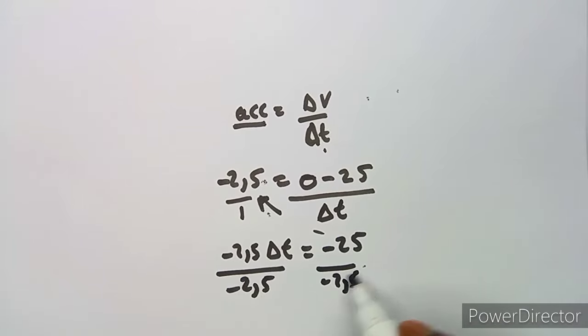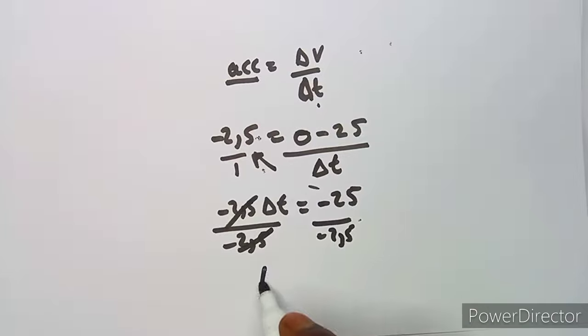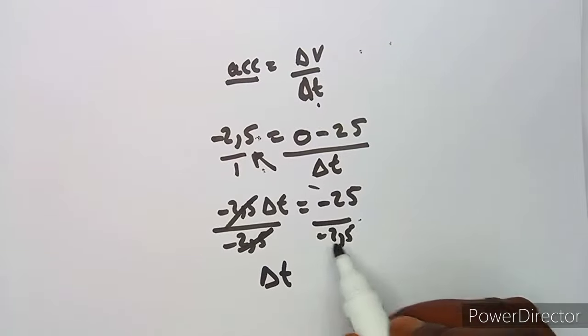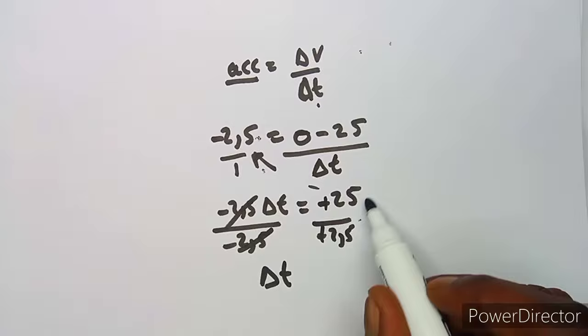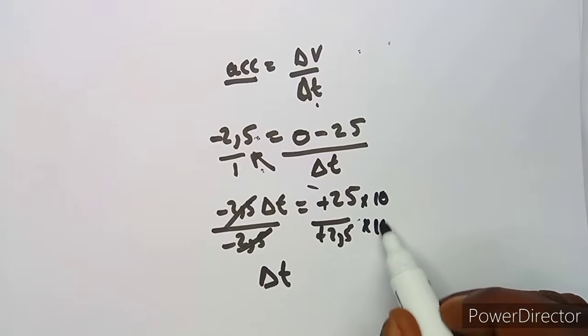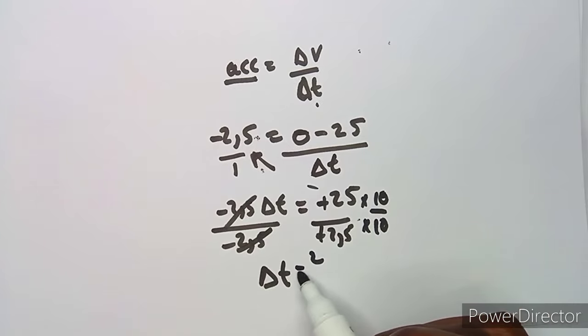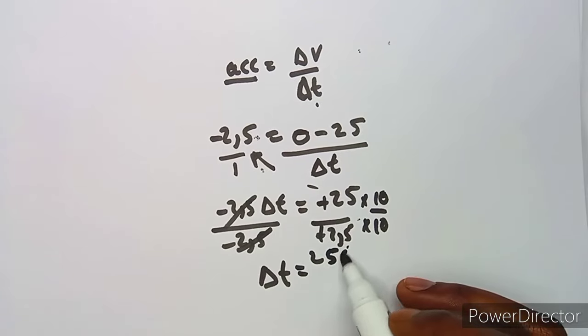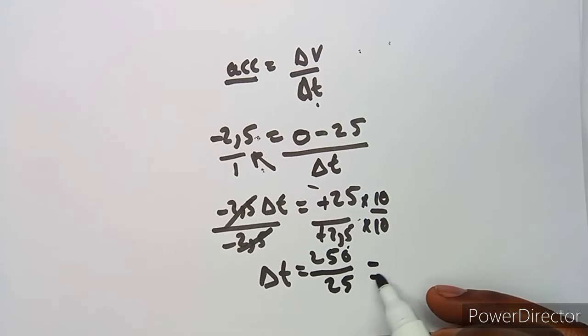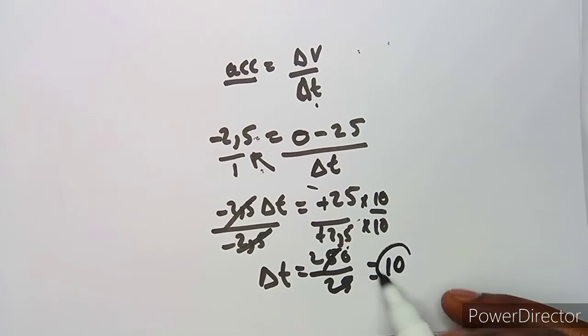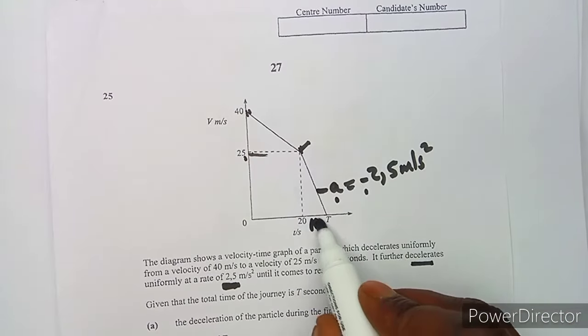So I can have the change in time. Multiply by 10 over 10 to remove the decimal place, so it's 250 over 25, which is 10. So the change in time is 10, which means in between here we've got 10.